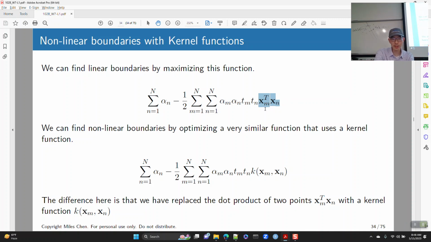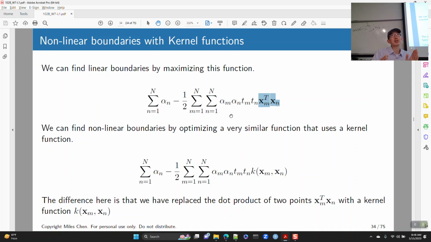If we use only x transpose x to define this quantity, and then figure out the values of alpha to optimize it, we're always going to get linear boundaries, which is fine in the simplest of cases. But in real life settings, where your data is more complicated and not linearly separable, you won't be able to perform maximum margin classification.